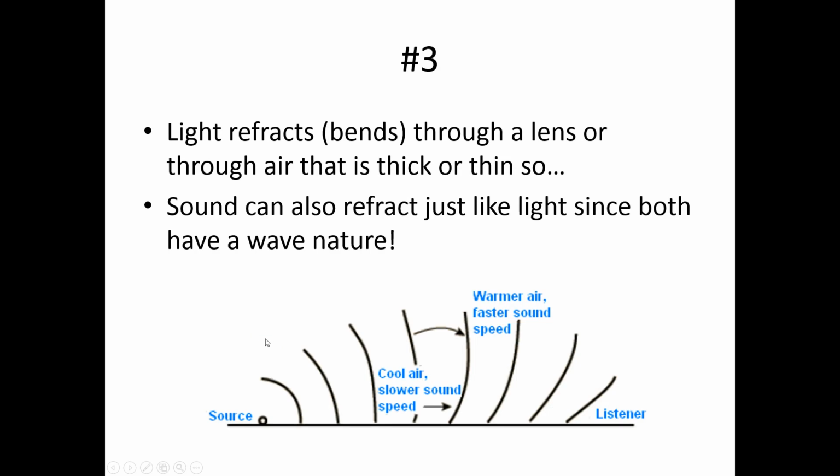For number 3, light refracts or bends through a lens or through air that is very, very thick or very, very thin. And because sound is also a wave, it can refract just like light since both have a wave nature. So if I am yelling at my wife, she's on the other side of the lake, and the lake is very, very cool on the surface, and the air above it is cooled by the lake.